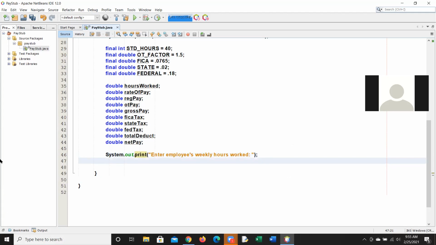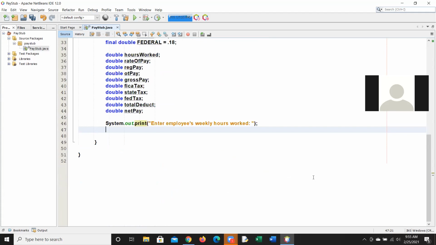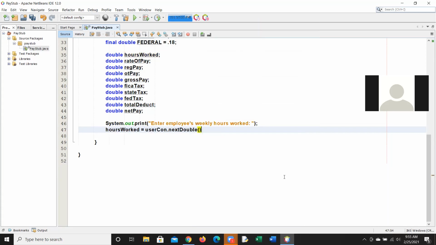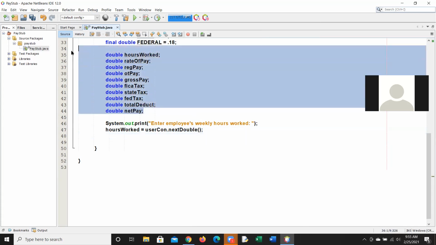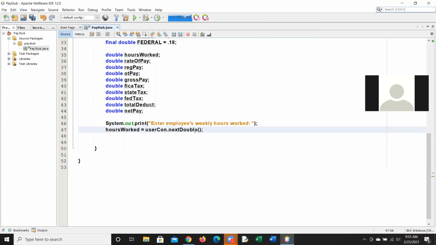And then I did create a scanner and instantiated it. It's userCon. So we're going to say hoursWorked is equal to userCon.nextDouble. And again, I could have declared this hoursWorked up here, but if I know what they're going to be right off the bat, putting them at the top just makes reading easier for somebody looking at my program.